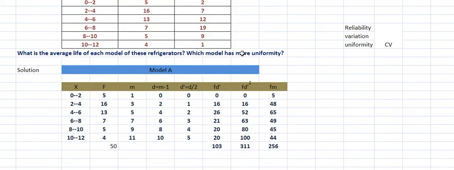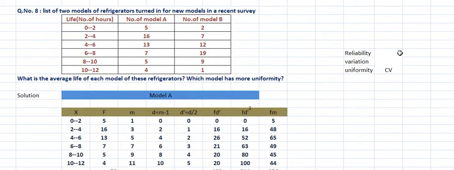What they are asking is which model has more uniformity. I will explain how to answer this. For reliability, if the question is about reliability, less CV is more reliable, and more CV means more variation.